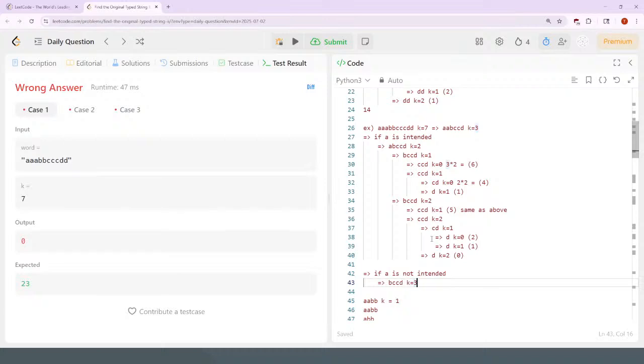So if the A is not intended, then the second A is also not intended. So you're left with 3 things here. Yeah, and then let's say the first B is intended, so we have CCDK equals 2.